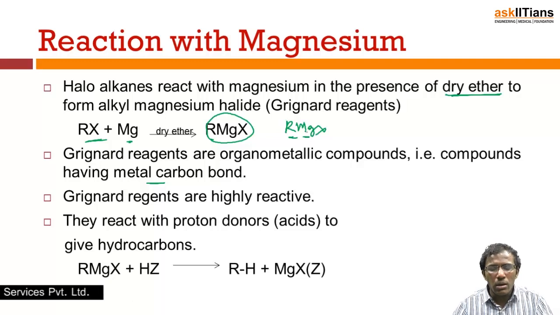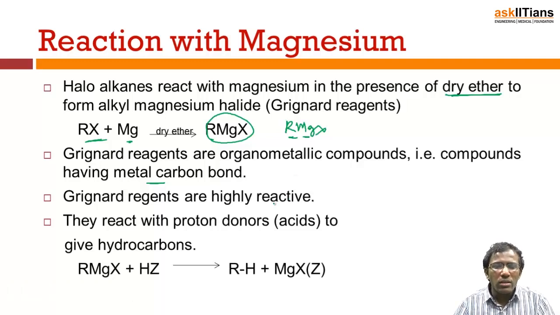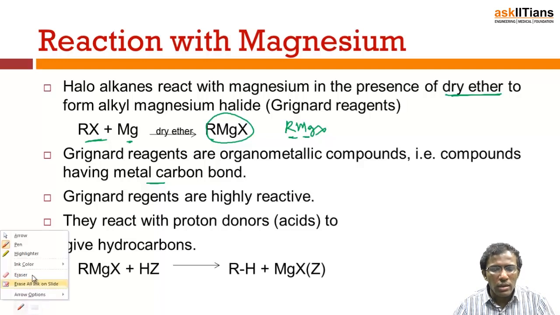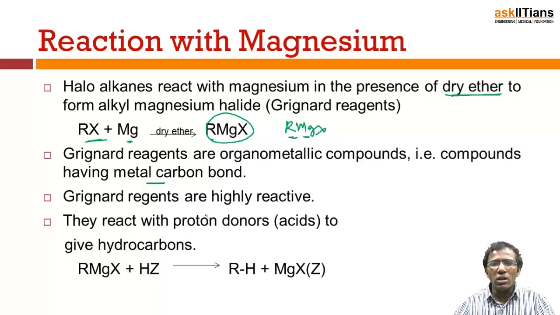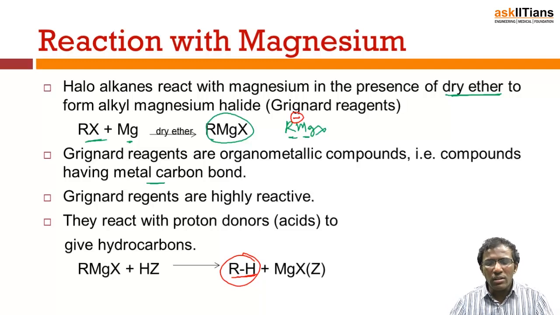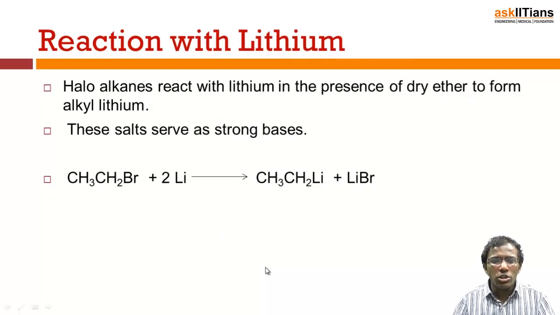So it has a carbon-metal bond, and these are highly reactive compounds. They react with proton donors and give hydrocarbons as the product, because this R minus will capture the proton from the acid and produce RH. Okay, so this is the reaction with magnesium.